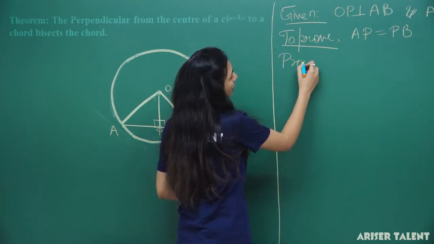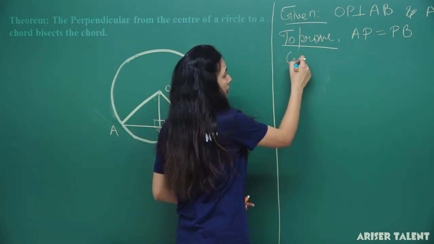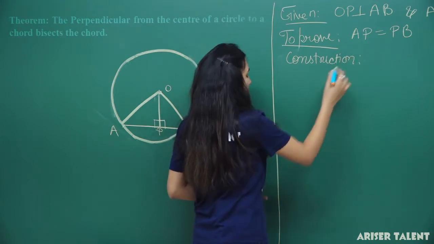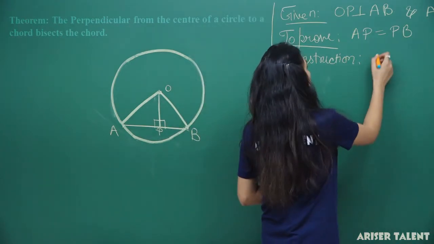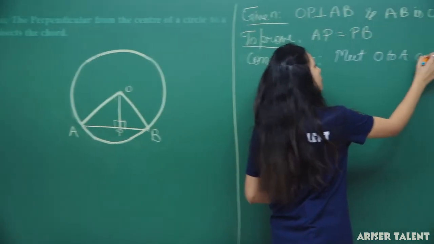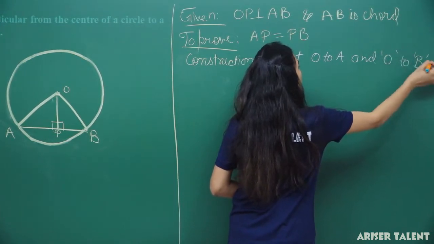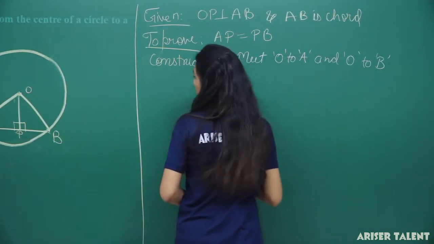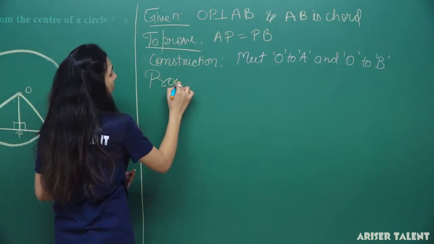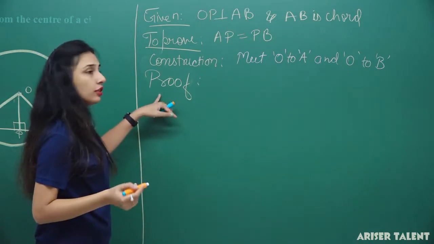Before the proof, we are having some construction. Construction: join O to A and O to B. Now, the proof.